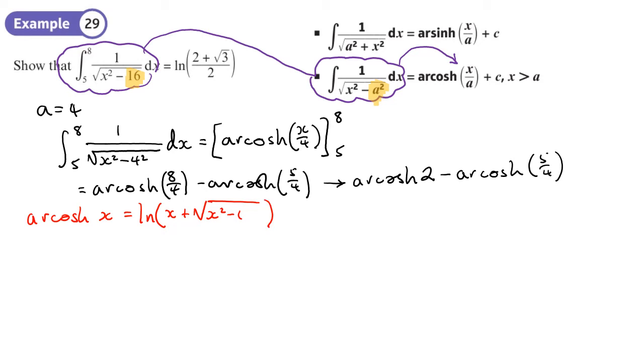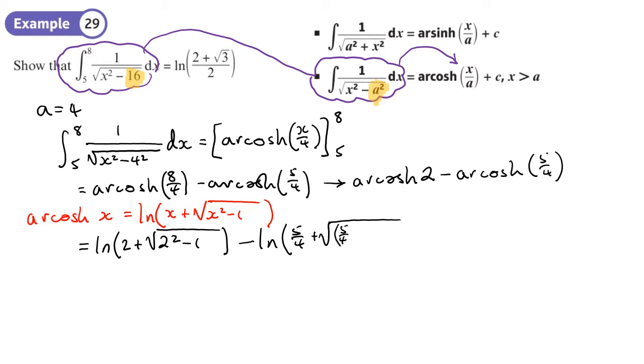So arc cosh 2 becomes log of 2 plus the square root of 2 squared minus 1, minus log, and then arc cosh 5 over 4 becomes log of 5 over 4 plus the square root of 5 over 4 squared minus 1.